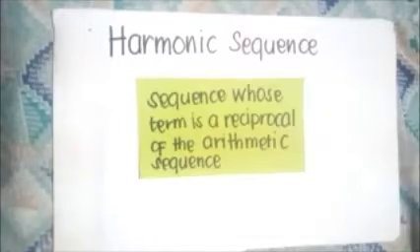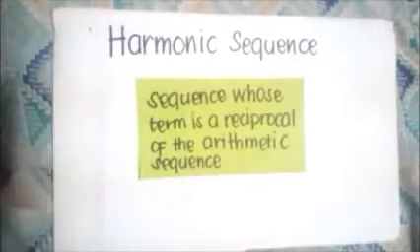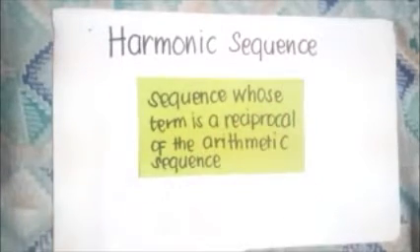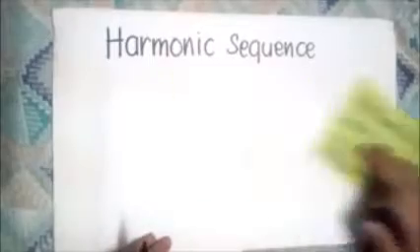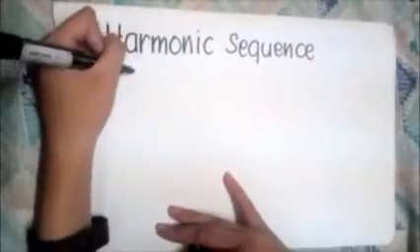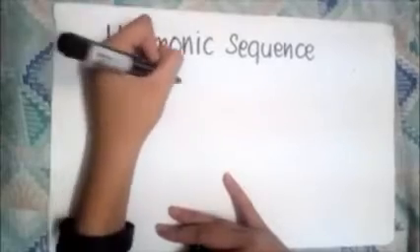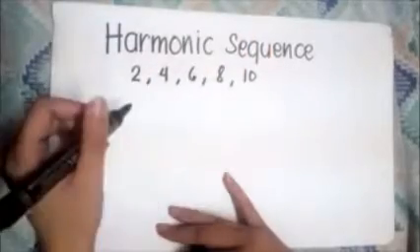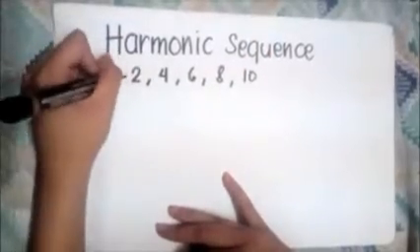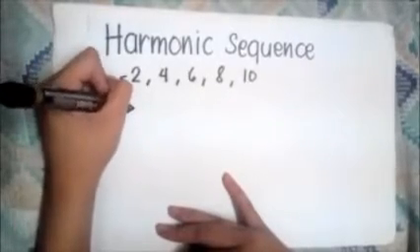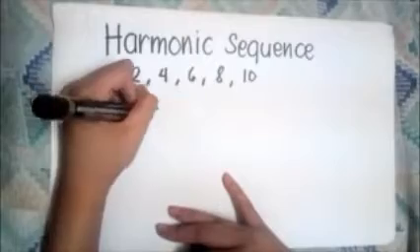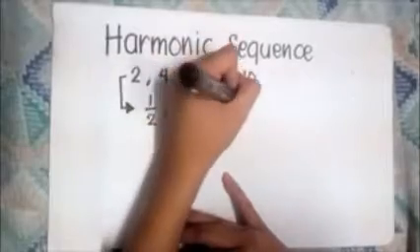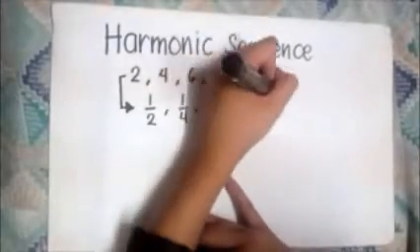And for today's last lesson, harmonic sequence. We can define a harmonic sequence as a sequence whose terms are the reciprocals of an arithmetic sequence. Example: we have 2, 4, 6, 8, 10 as our arithmetic sequence. Now, when it's a harmonic sequence, it must be 1/2, 1/4, 1/6, 1/8, and 1/10.